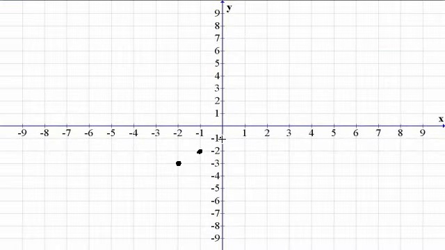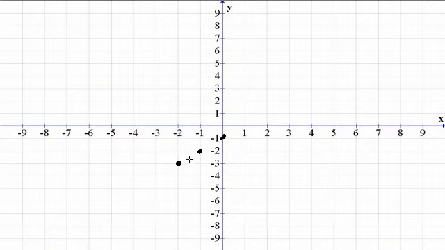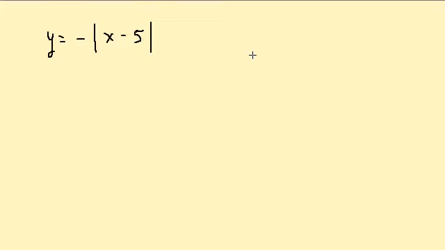And then I'm going to plot the points -3, -2 and -4, -1. And I connect the points. And there's my graph.